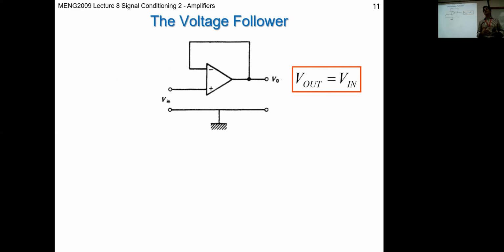So what's the point of having a device like this? Any ideas why you might put this in the circuit? It would generally be combined with other types of amps as well. What qualities does this give you?